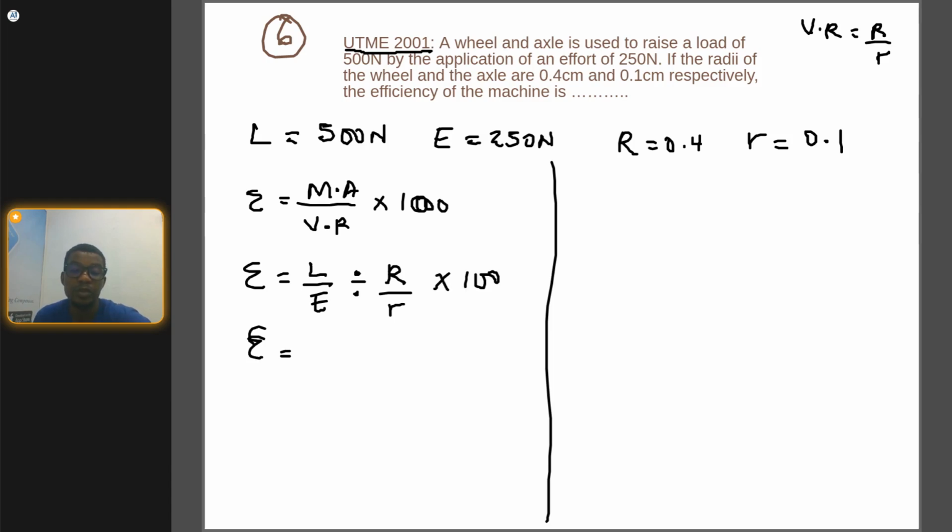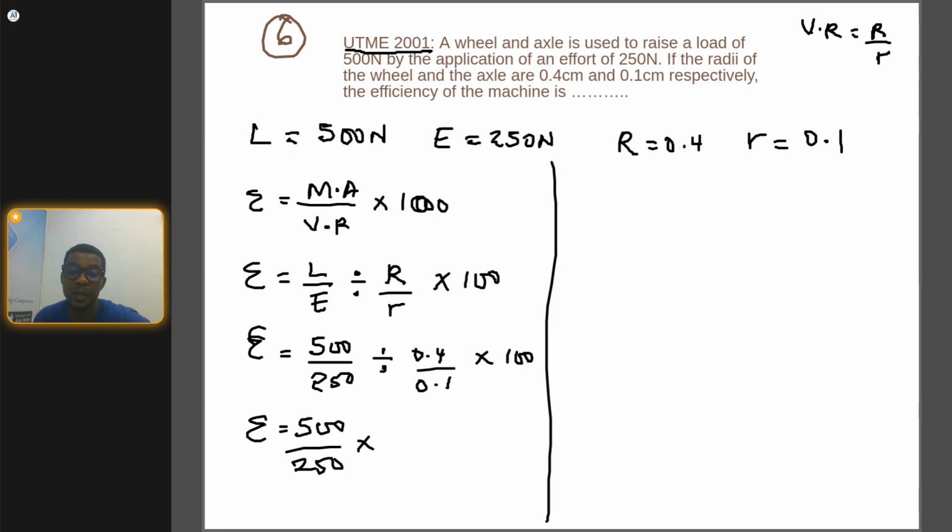Efficiency equals the load 500 Newton and the effort 250 Newton divided by 0.4 over 0.1 multiplied by 100. Efficiency will be equal to 500 over 250 multiplied by the reciprocal, 0.1 over 0.4.